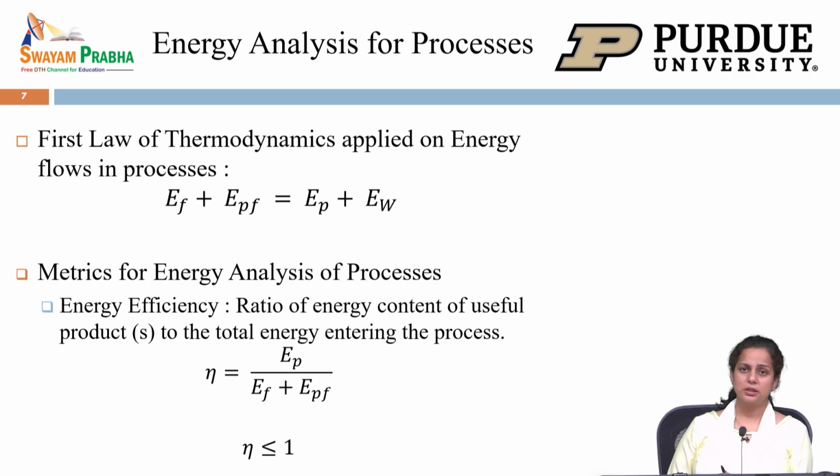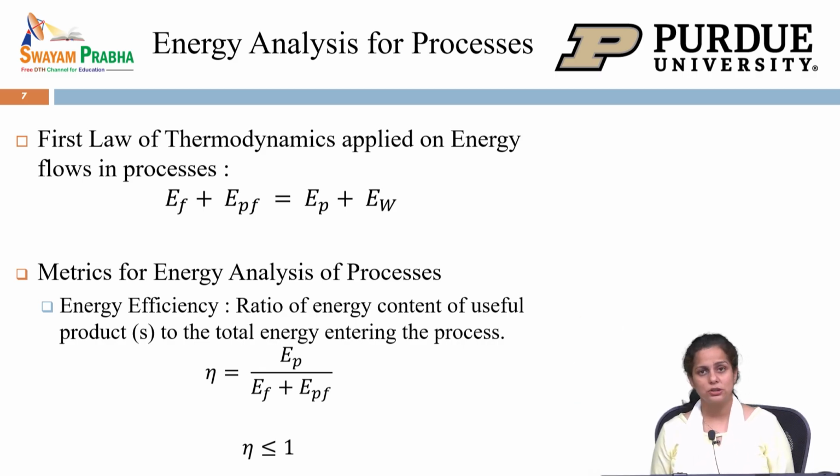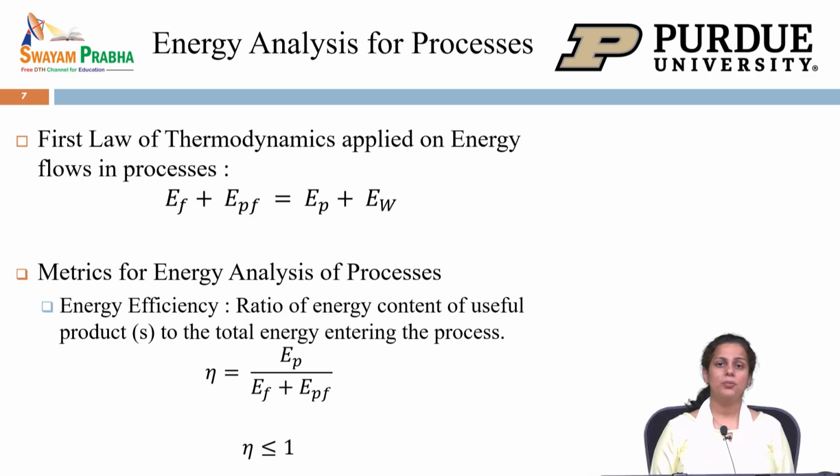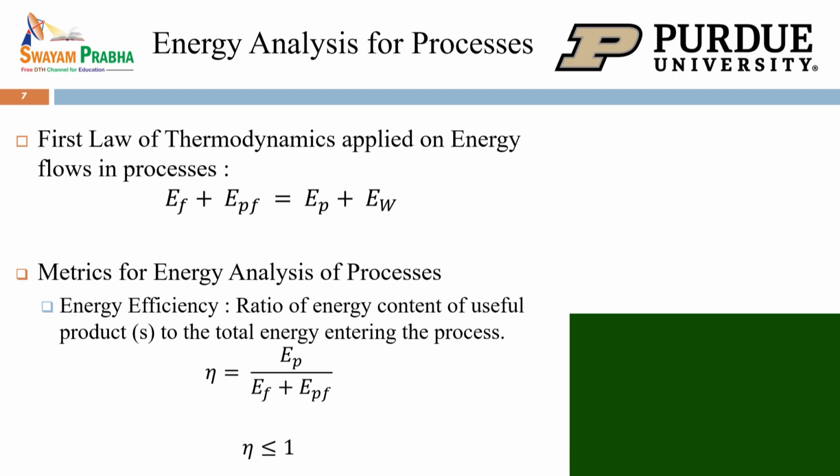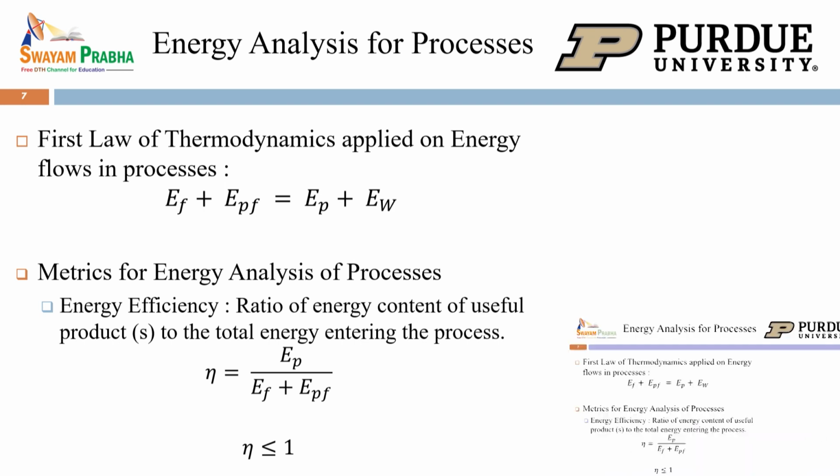Your energy content of the product is the output, and that is the energy content of the useful product. We do not include the waste energy or the dissipated energy in the energy of the product. In the denominator, we have the total energy input, which will be the feedstock energy, whatever is the content of the feedstock, and then the processing energy, what we are putting in additionally to the process to actually process that feedstock into a product.